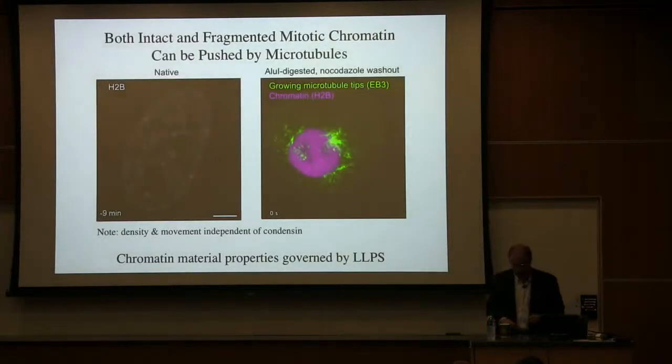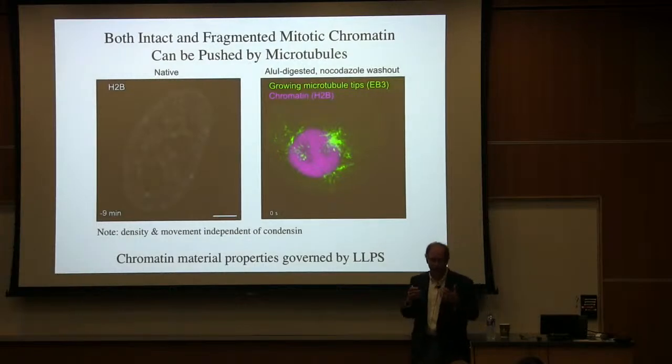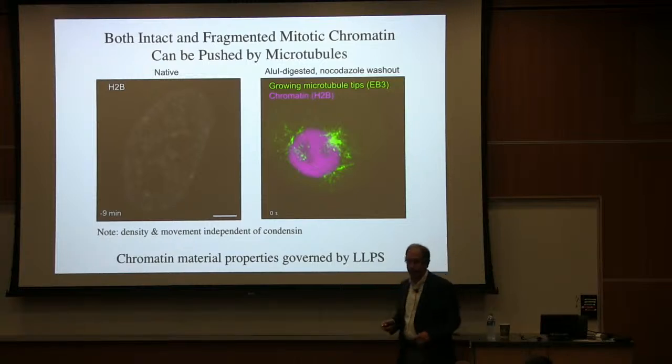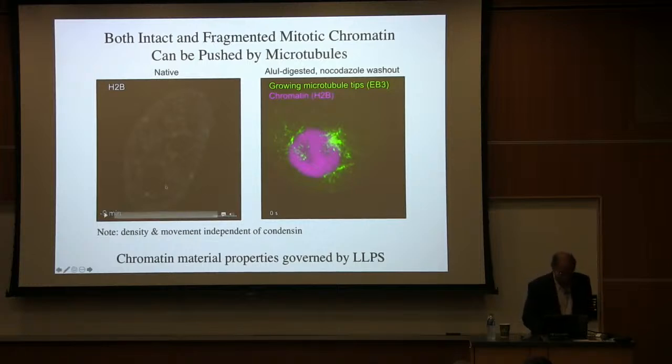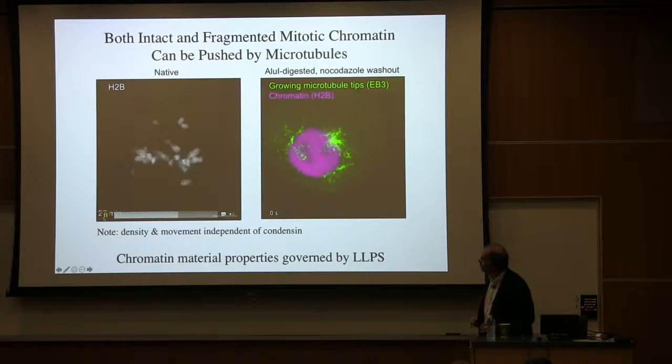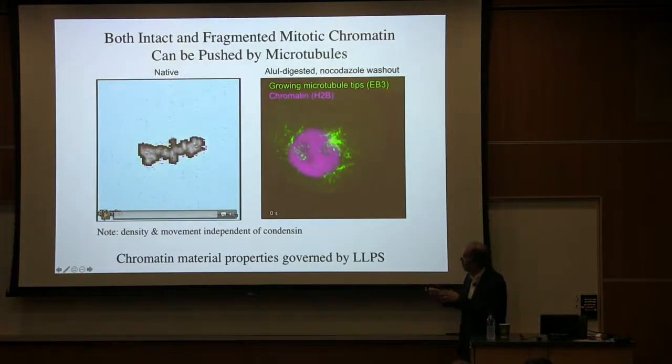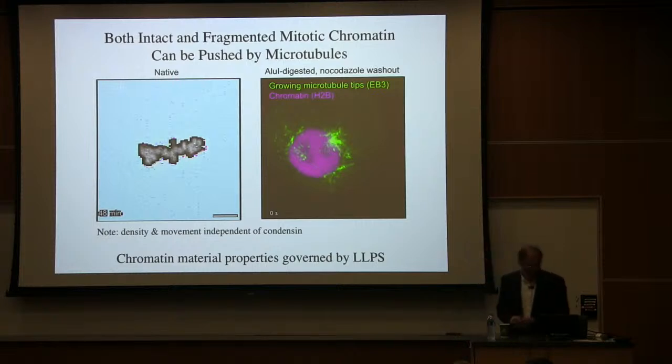Not only does the fragmented chromatin have the same density as native chromatin, it can also be pushed around by microtubules in analogous ways. Here on the left is what native chromatin looks like as the cell goes into mitosis. It gets pushed around and ends up aligned on the metaphase plate.